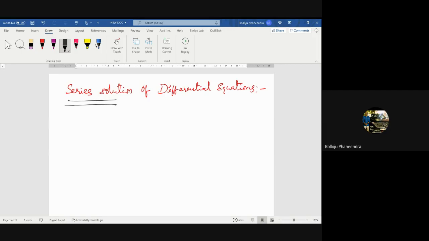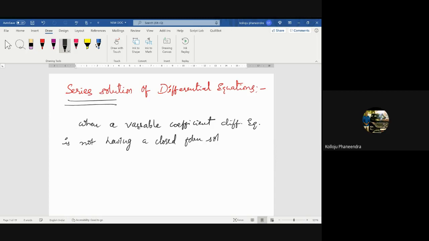So what is this? When a variable coefficient differential equation is not having a closed form solution, that is, what is meant by closed form solution?